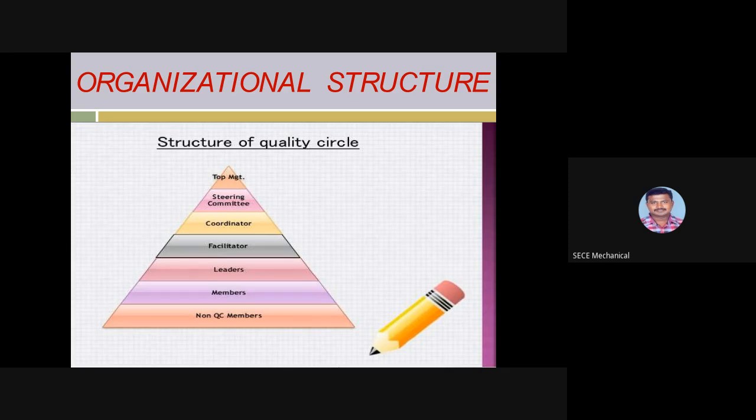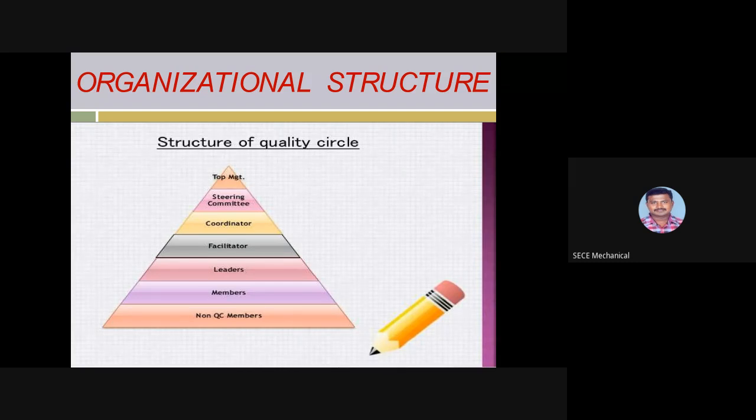So the Quality Council collects information about the program and reports it to the managing director. The top management has to convey its policy of quality to its employees and encourage them to form a quality circle. Okay, so these kinds of works will be done by the top level management.